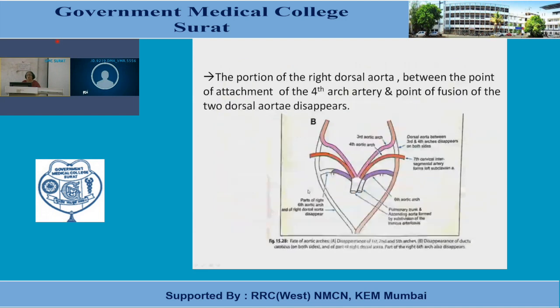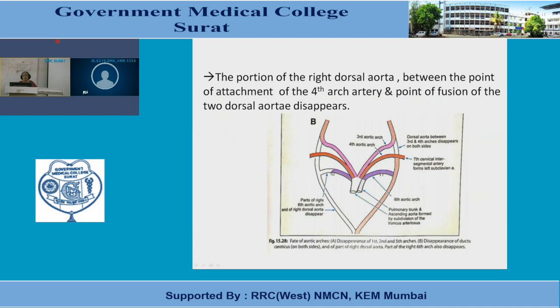The portion of the right dorsal aorta, here you can see the part of the right dorsal aorta between the point of attachment of the sixth arch. Here you can see the sixth arch. This is the right side, this is the left side.